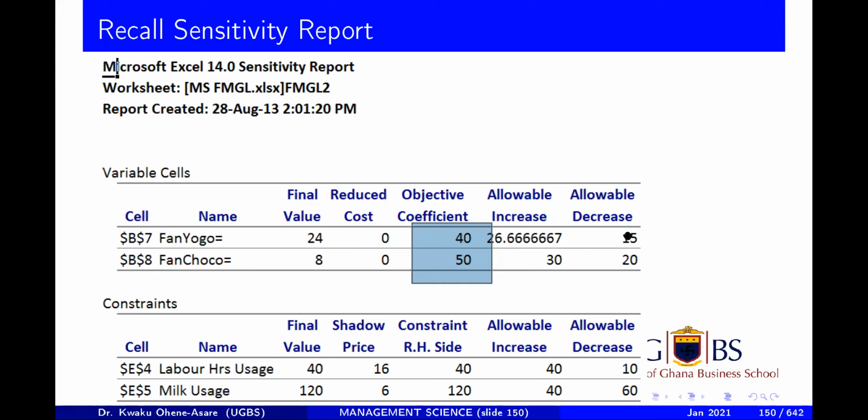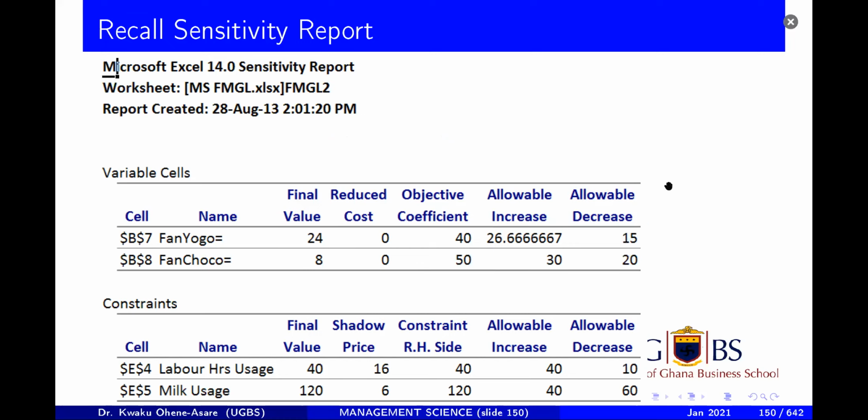The allowable decrease is subtracted from the coefficient, and the allowable increase is added to the coefficient so that you get a range. Some of you remember confidence interval. That's the principle of confidence interval.